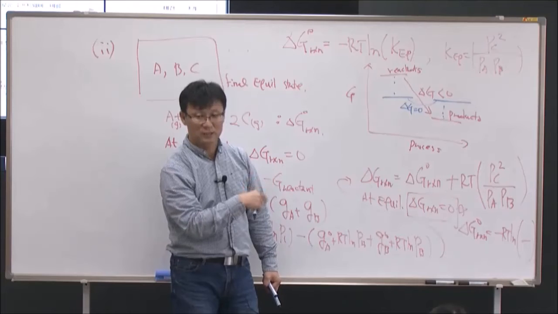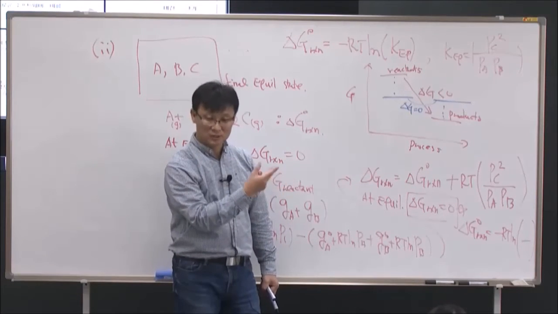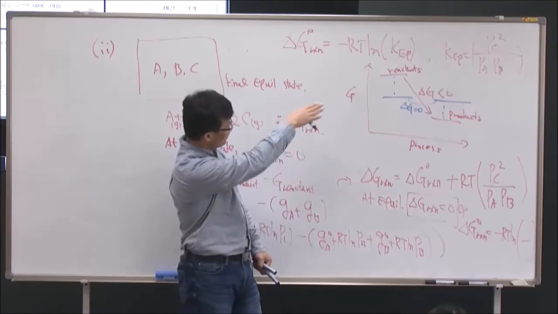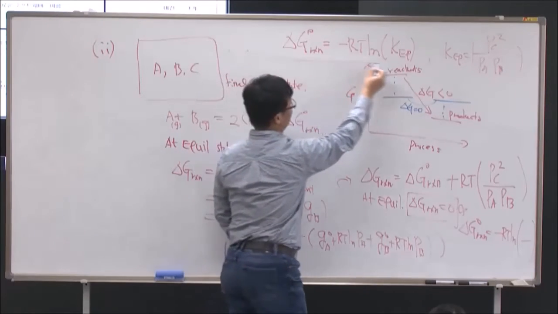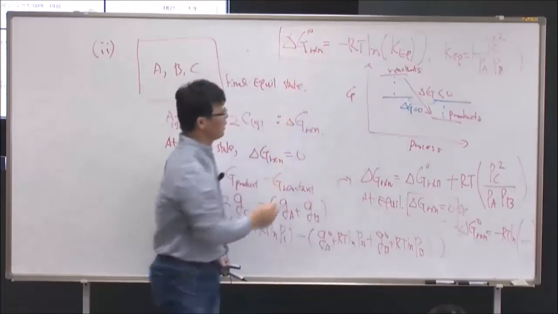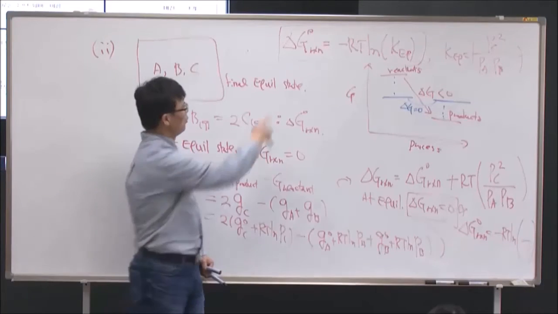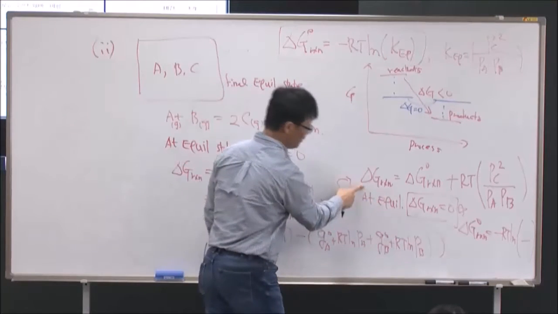So XA, XB, and XC have some relationship. So we can find out the mole fraction of C or A and B by one equation here. So eventually we derive this one, but in many cases, you remember only this one. This is important, but this is less important than actually this equation.